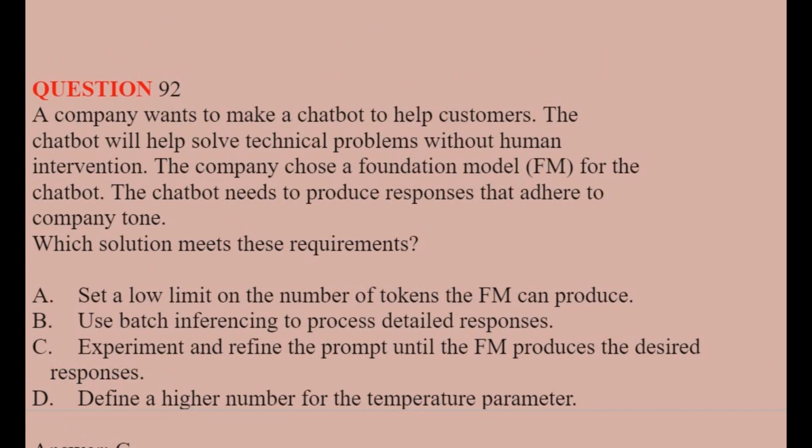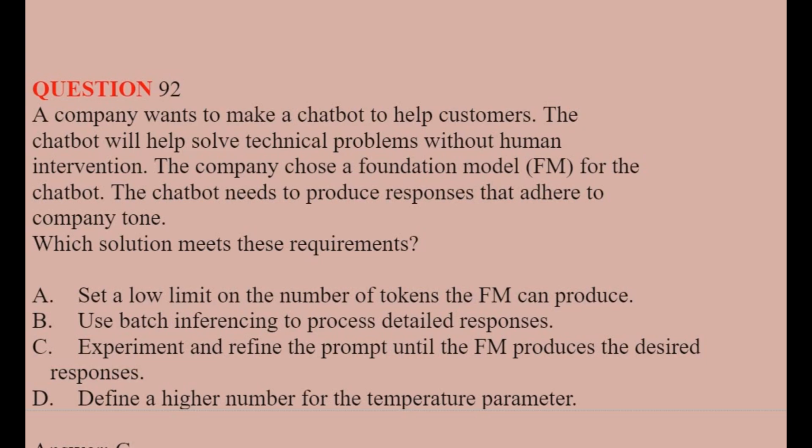Question is, a company wants to make a chatbot to help customers. The chatbot will help solve technical problems without human intervention. The company chooses a foundation model FM for the chatbot. The chatbot needs to produce responses that adhere to the company tone. Which solution meets these requirements?